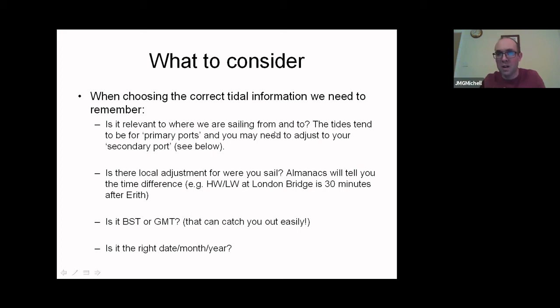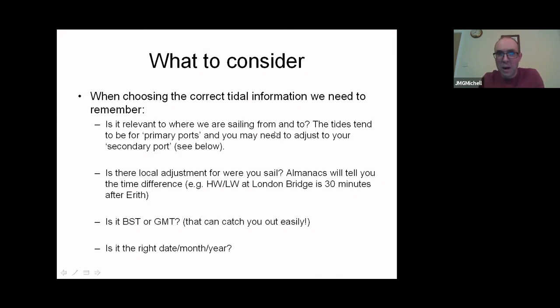So we are effectively a secondary port, and you'll find in almanacs that's how they operate. They'll give you the primary ports like Southampton, Portsmouth, but then they'll give you the time difference between high water and low water for somewhere like, let's say Chichester, Shoreham, or whatever it might be.